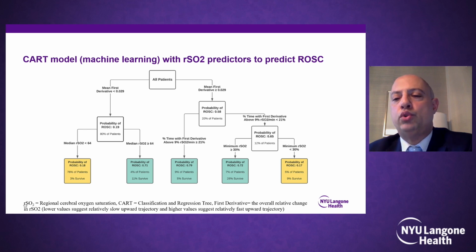It just means the overall trend, whether the brain oxygen is progressively going up or down. If your brain oxygen is progressively going up during cardiac arrest, this is much more likely to predict the ability to restart the heart. And if your brain oxygen is going down, your probability of getting the heart restarted is only 19%. And then you can add in other variables into that to be able to predict accurately whose hearts will restart and who will not.